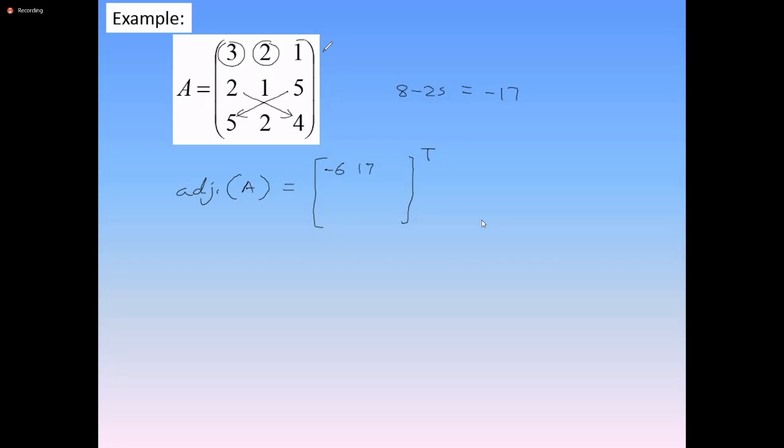Then go to this element. What is the cofactor of that element? If you look at the first row, last element, cofactor is given by same value as the minor value.